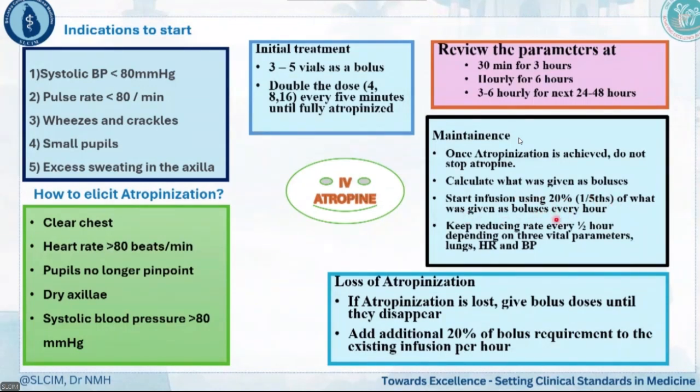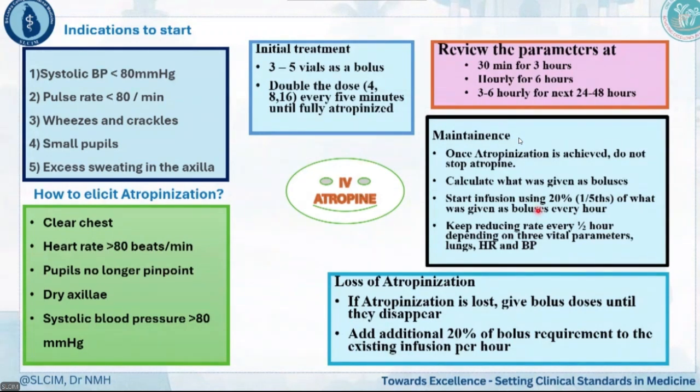And then you keep reducing the rate every half an hour, depending on 3 vital parameters: lungs, heart rate, and blood pressure. Now, while you are doing that, if the atropinization is lost at any point, if the patient is again having crackles in the lungs and blood pressure is low and pulse rate is low, you need to again give a few boluses.